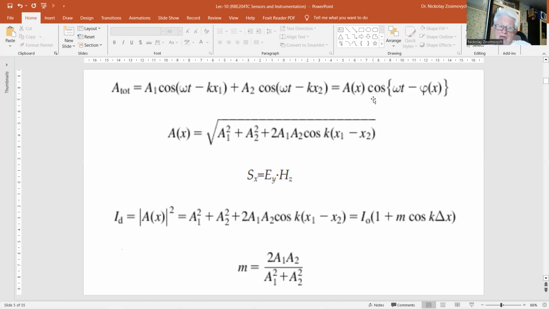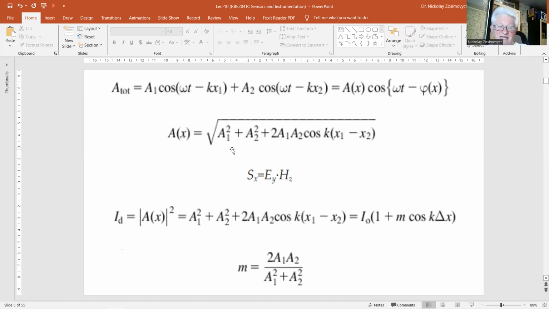Okay, so a flat wave transfers optical or electromagnetic energy in the direction of propagation, usually the x direction. So the energy is proportional to a quantity that is proportional to the square of the wave function.